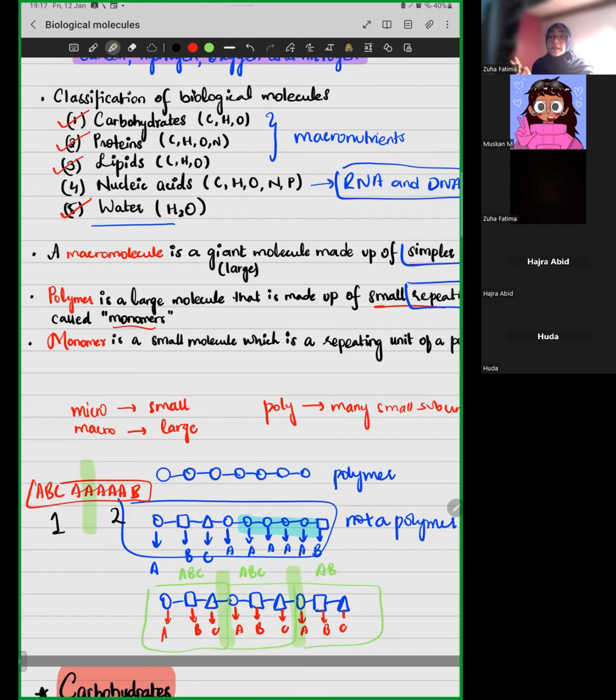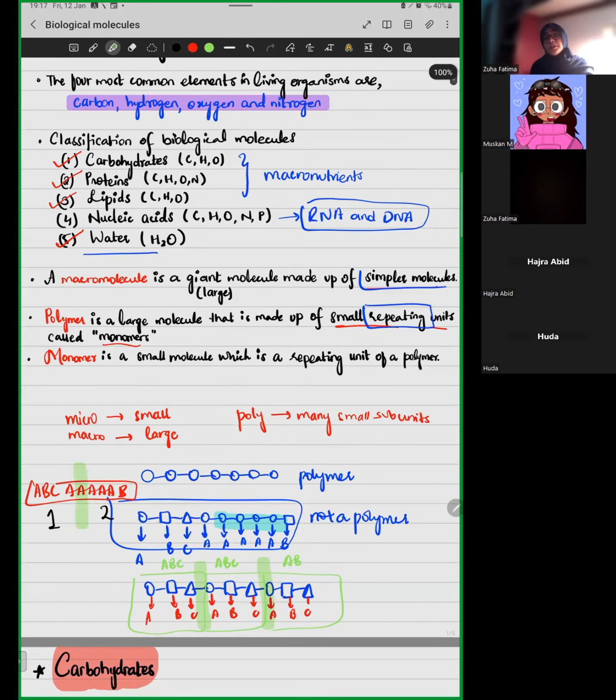So if you observe a large molecule made up of small repeating units called monomers, then that species is a polymer. But if there is a large molecule like this, and you cannot identify small repeating units, you will call it a macromolecule.